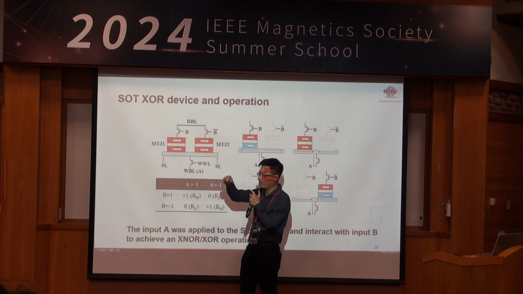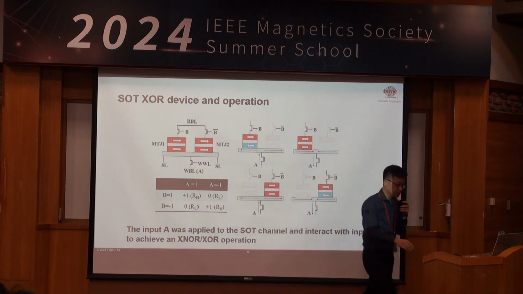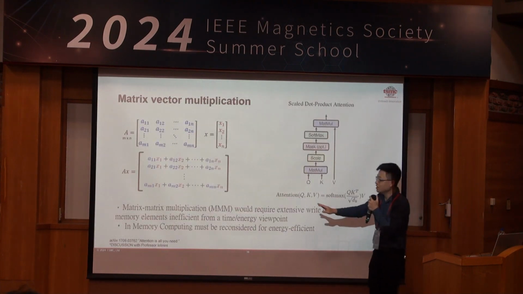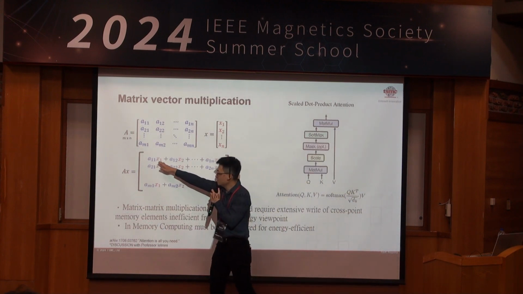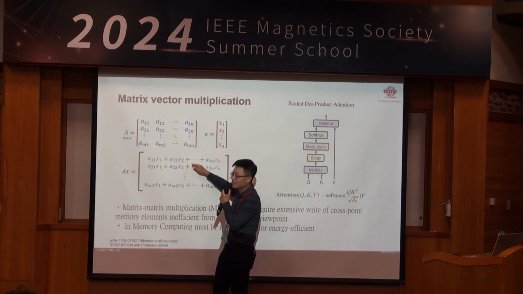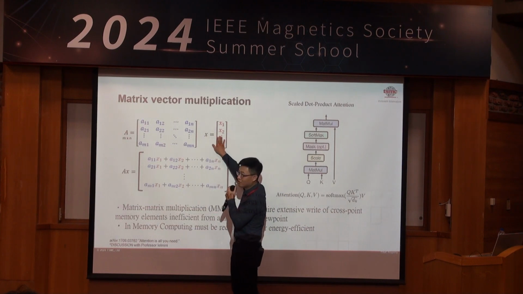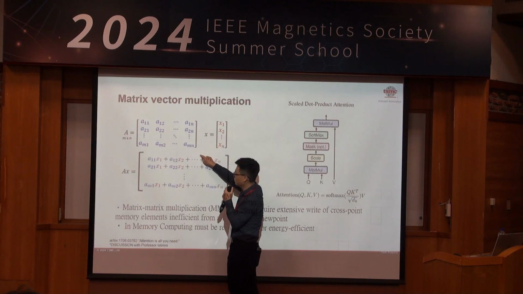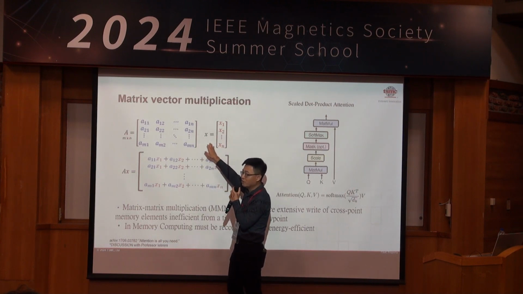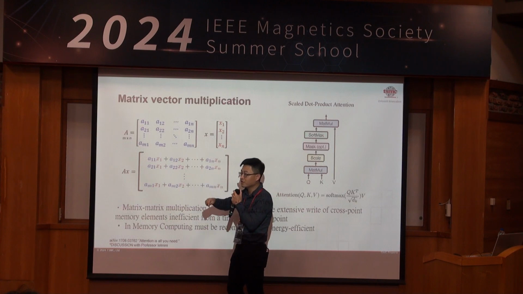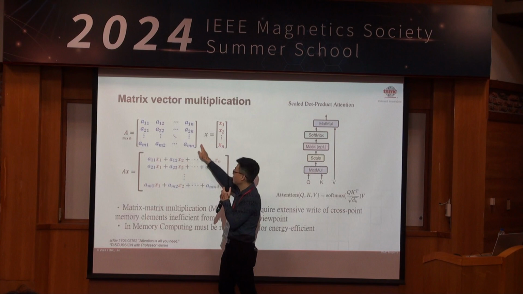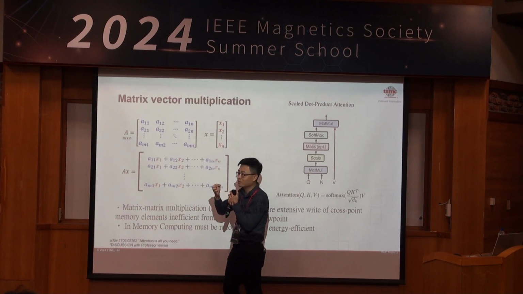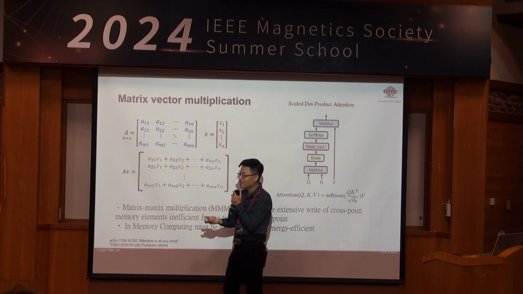For example, I have a weight matrix, and you need to write all of them one by one, and then control the reading. But for x equal to 0, you will not be able to read the current because you turn off the transistor. So even though this is the low resistance, what you read will be 0 if x is 0. So your x input will always give you 0. Am I right?